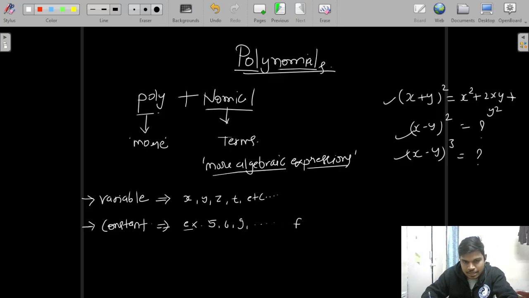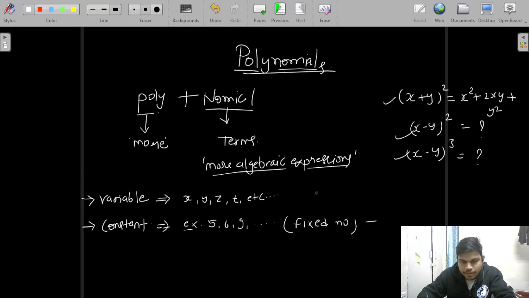So the constant is a fixed number. You can also give the answer: 100 is also a constant. Now, a variable is not a fixed quantity; we can vary a variable to any number.